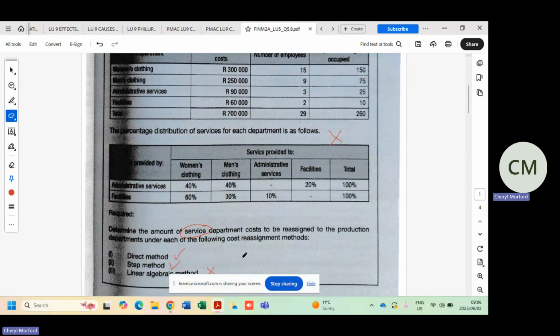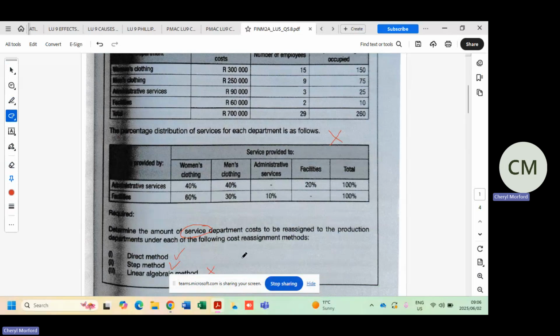So I need to take each of those service departments and I need to share, or to use the proper lingo, reassign their department cost to both the men's and the ladies' production departments.